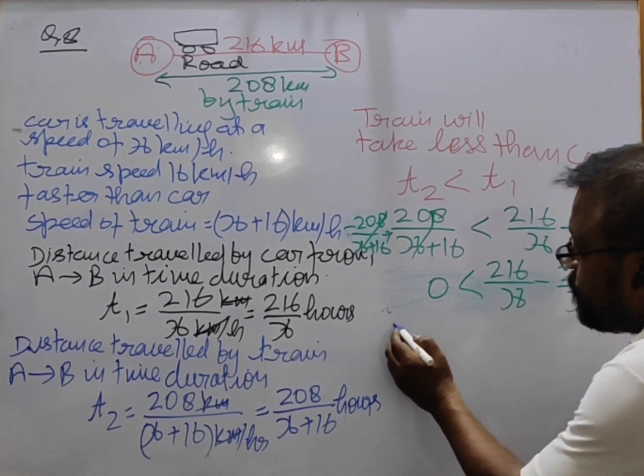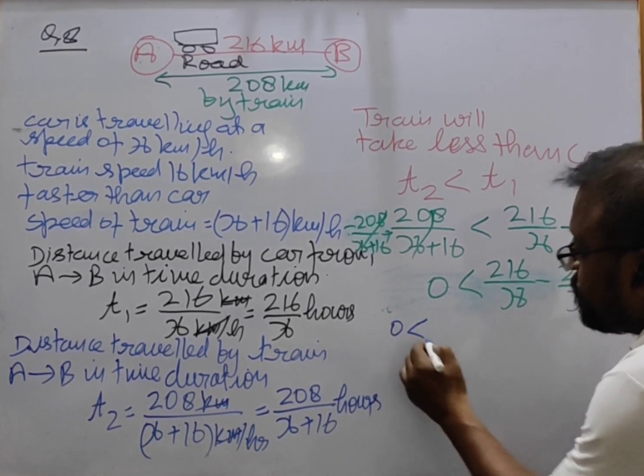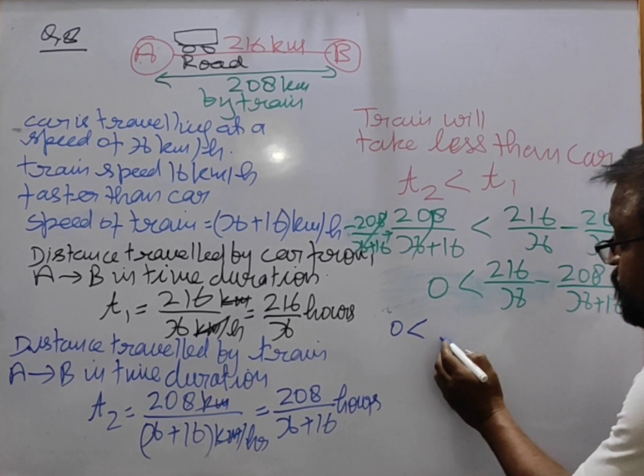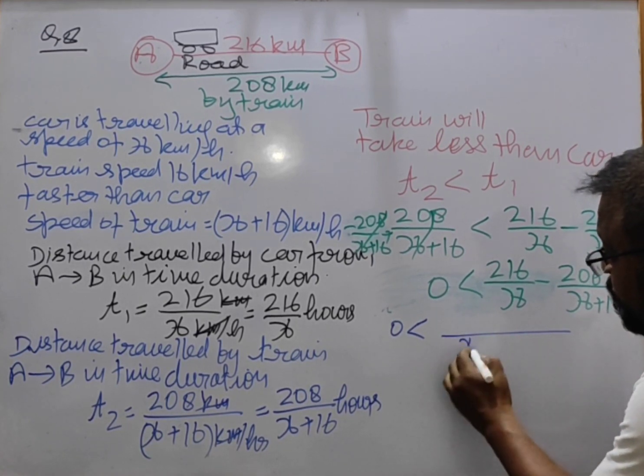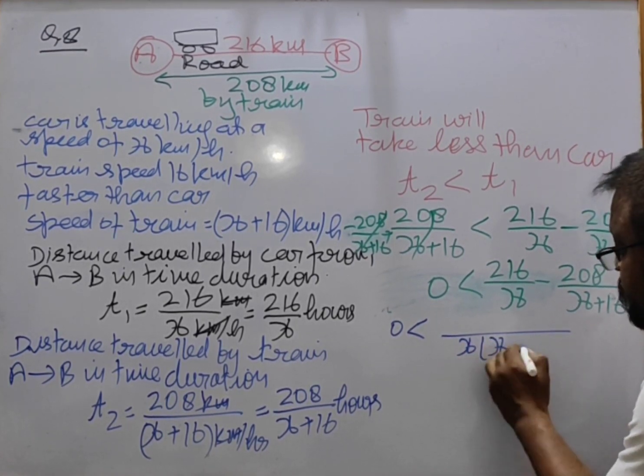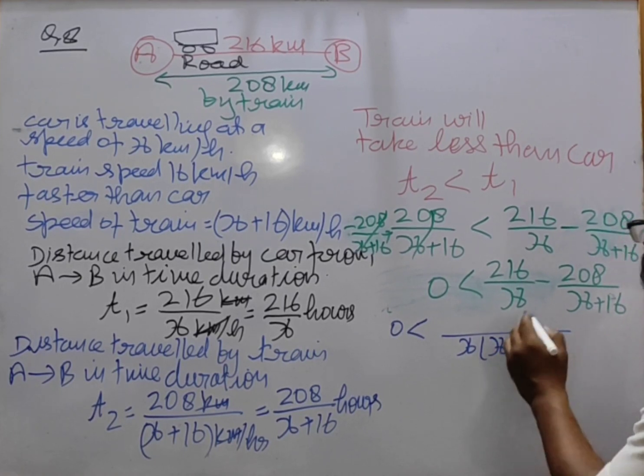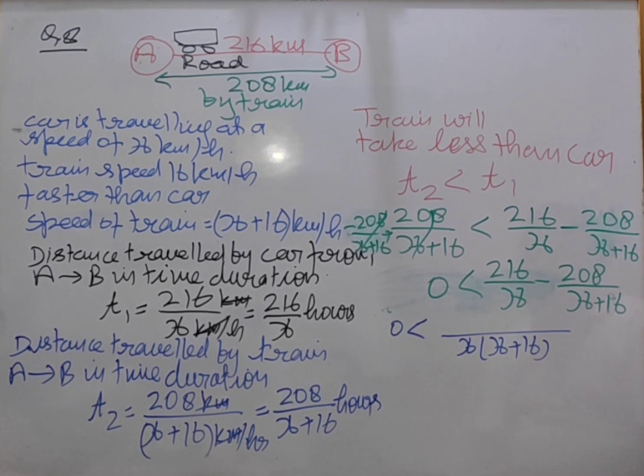So 0 is equal to, this is x bracket x plus 16. X cancelled out.